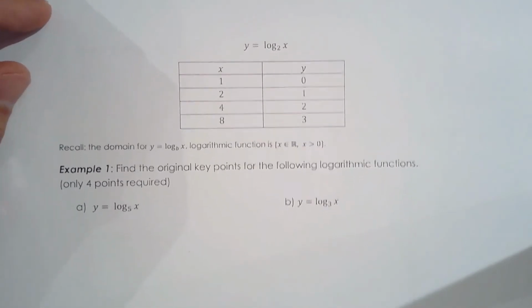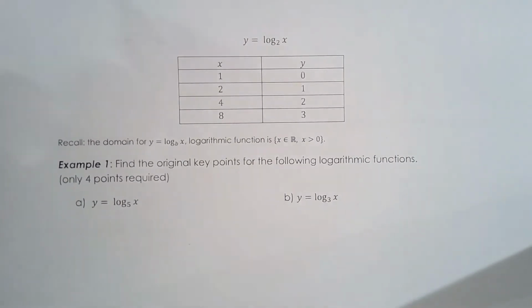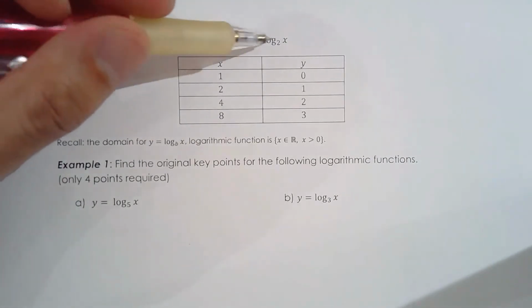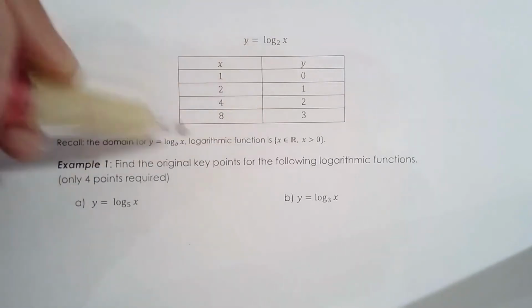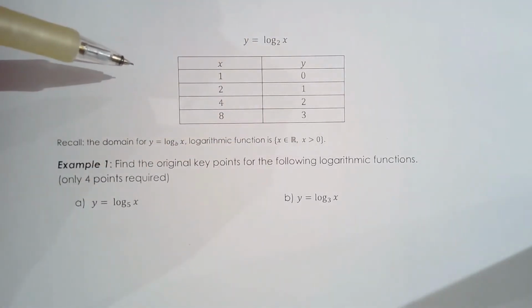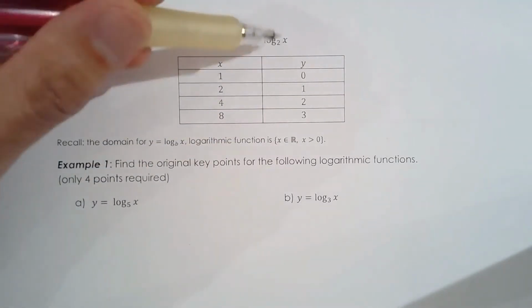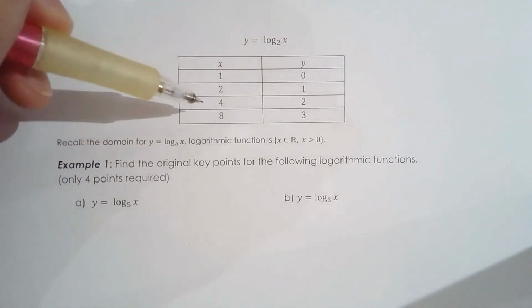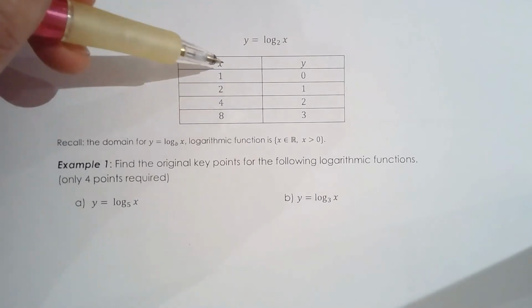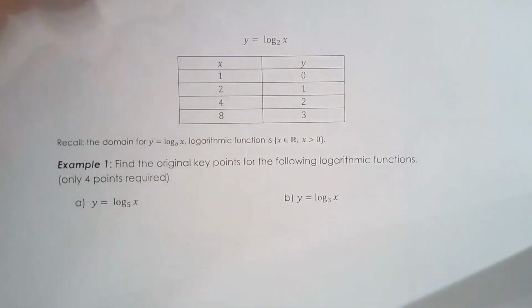Okay, so this table I have here is for y equals log base 2 of x. Now, I just want to take a look at this table and see how the values are generated. Because if you're not very good with logarithms yet, then a strategy you can use to generate this table very quickly is think of the inverse.